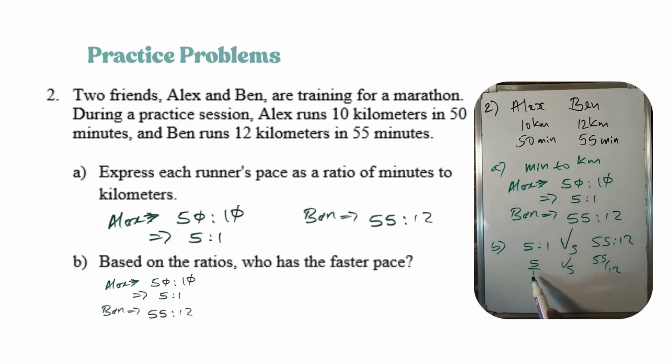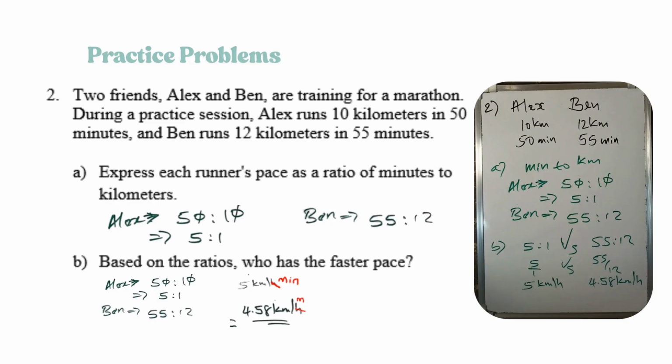Changing them to decimals, 5 divided by 1 is just 5, and 55 divided by 12 gives us 4.58.